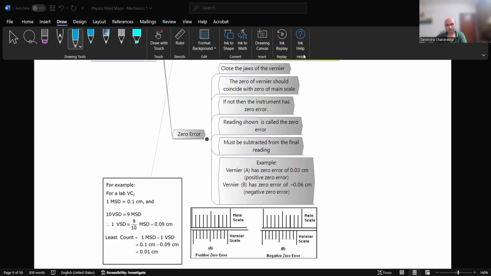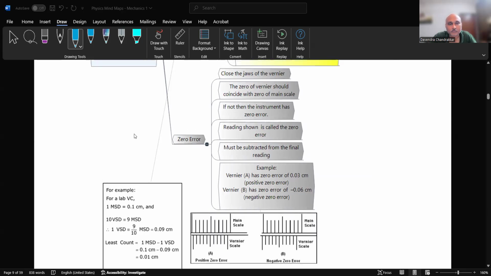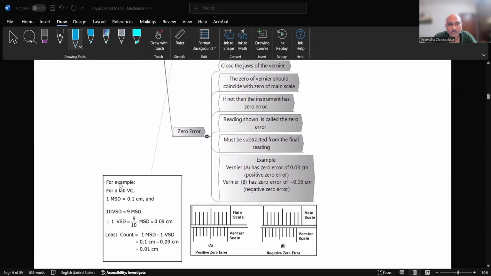Sir, should we write, for example, for a lab VC 1 MSD? Yes, write it. This is a lab Vernier caliper. One main scale division is 0.1 centimeter and all. So write it. It's an example only.